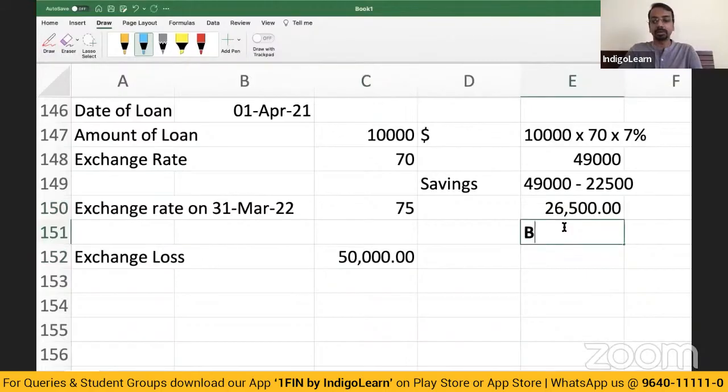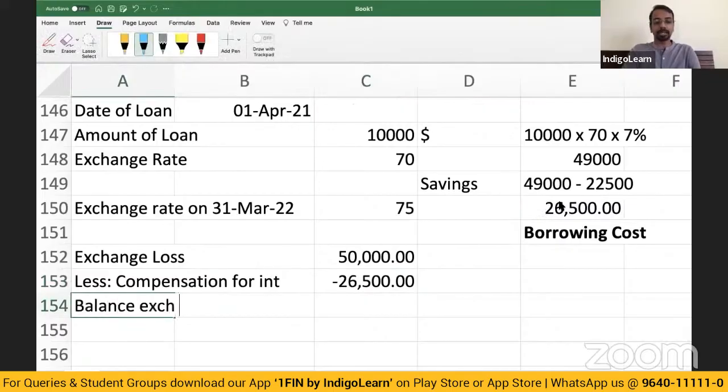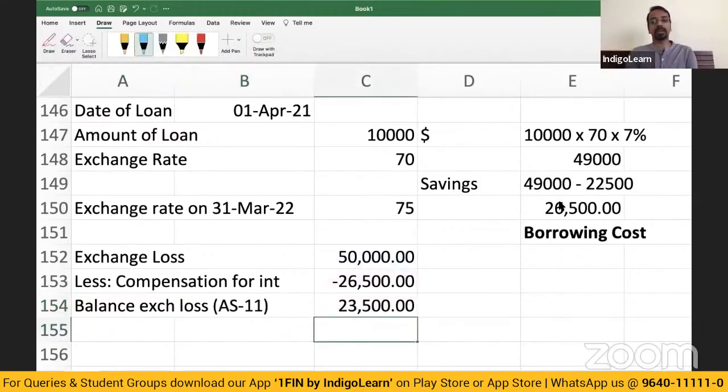You treat this as borrowing cost. The balance exchange loss, which you consider for AS11 purpose, is 50,000 minus 26,500, which is 23,500.